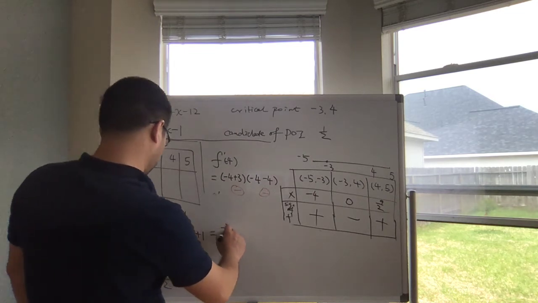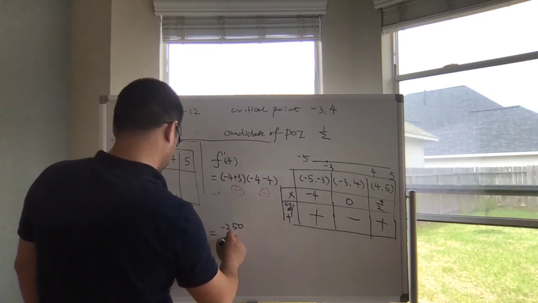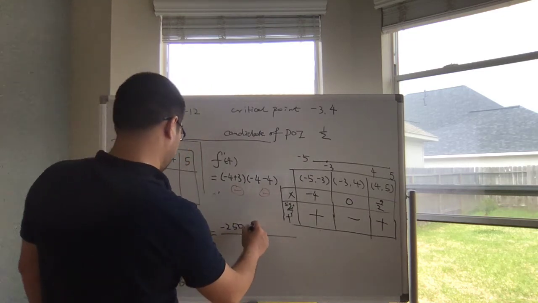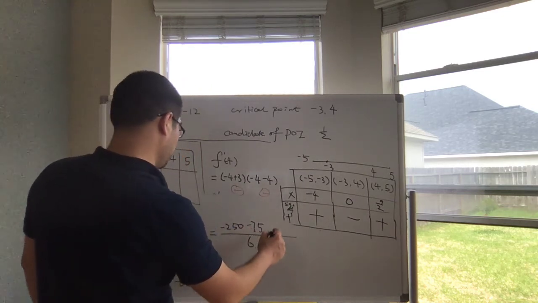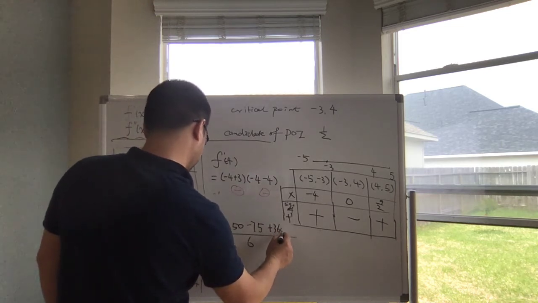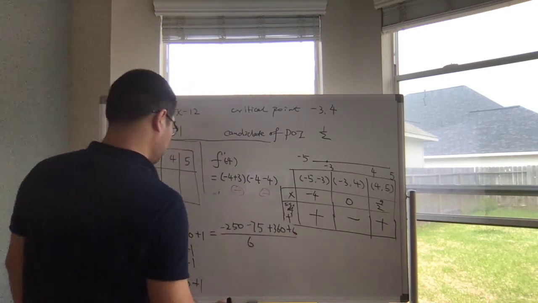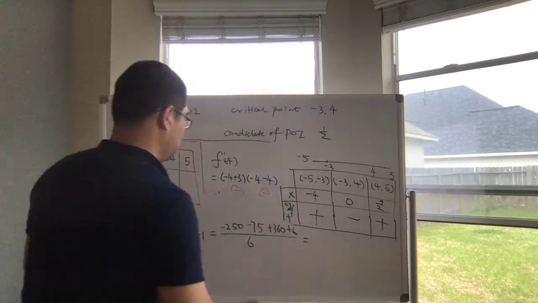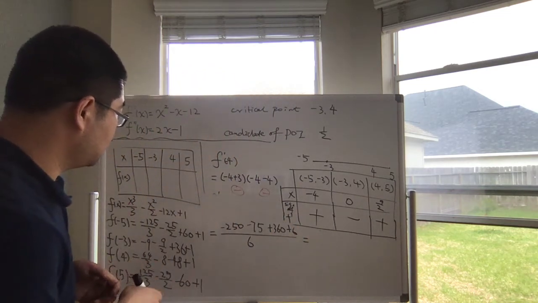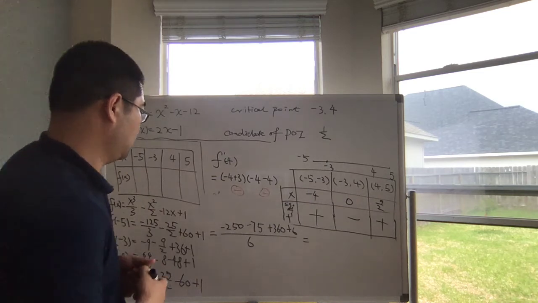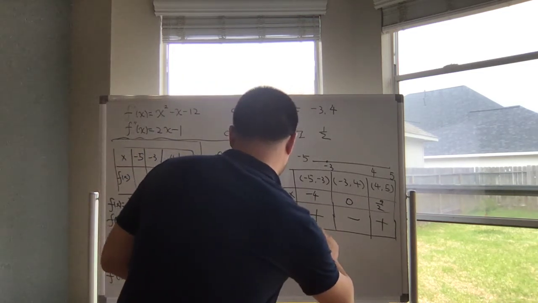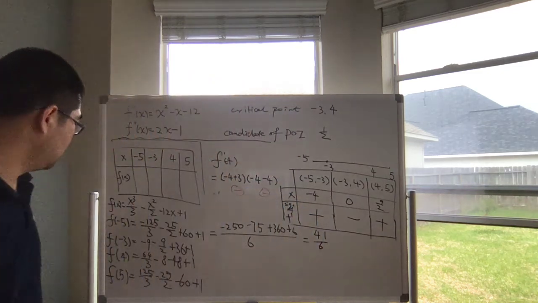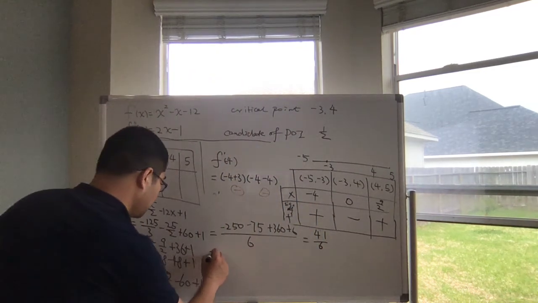So it's 250 minus 75 plus 360 plus 6. What do you have? I believe you're going to have 41 over 6.